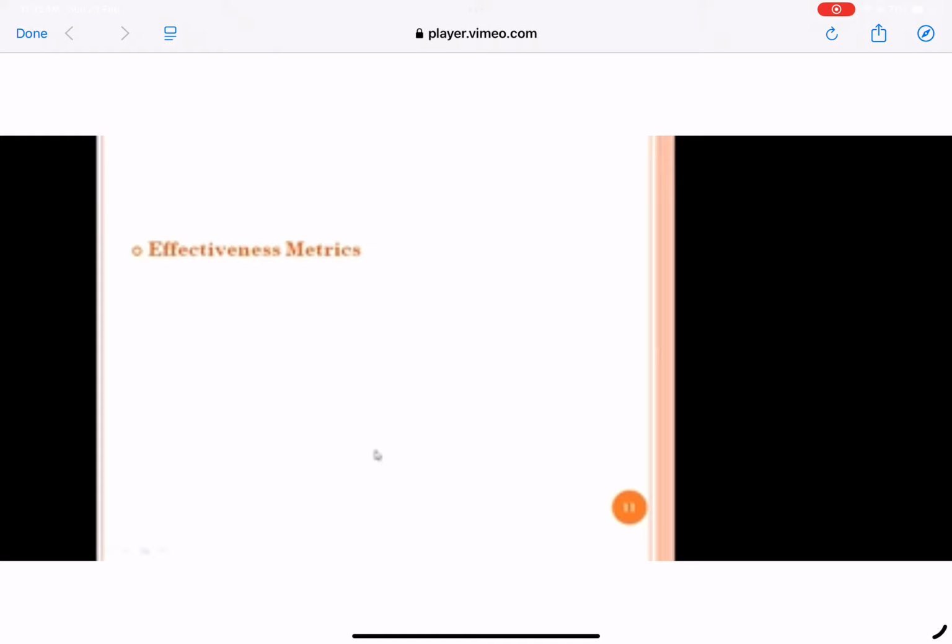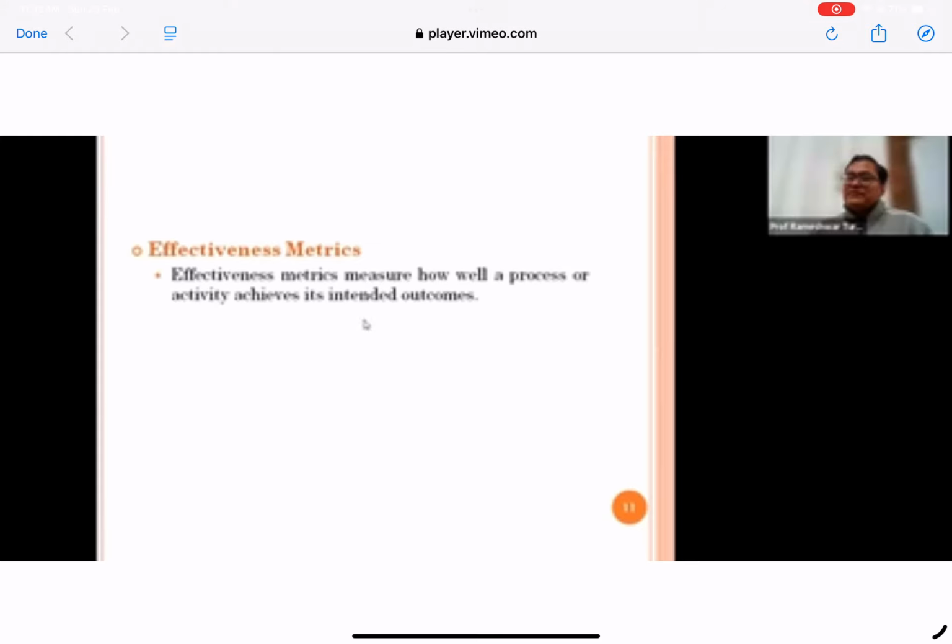Effectiveness metrics measure how well a process or activity achieves its intended outcomes. For example, the recruitment and selection process is for a particular purpose, to select good candidates. But the efficiency related metric doesn't tell us whether the selected candidates are good or bad.